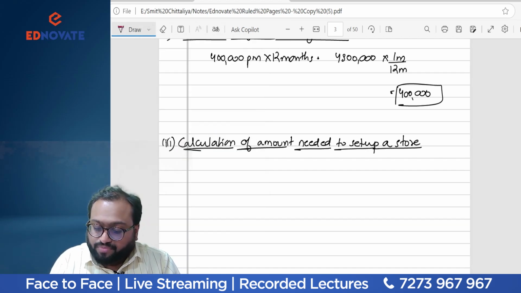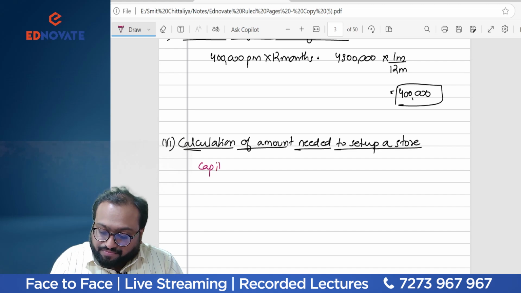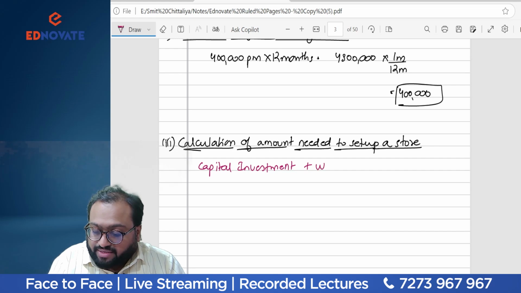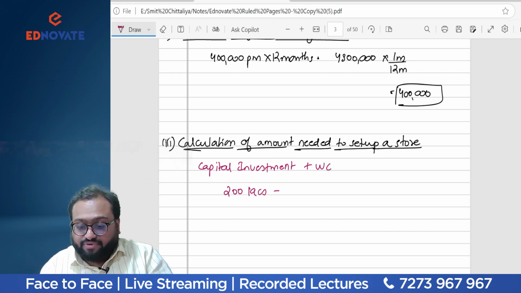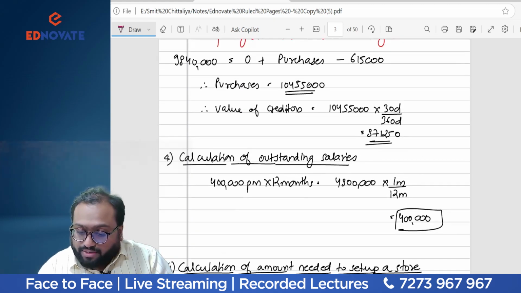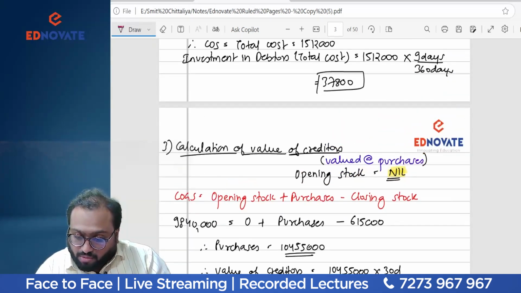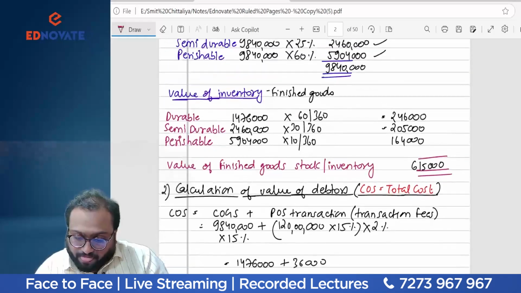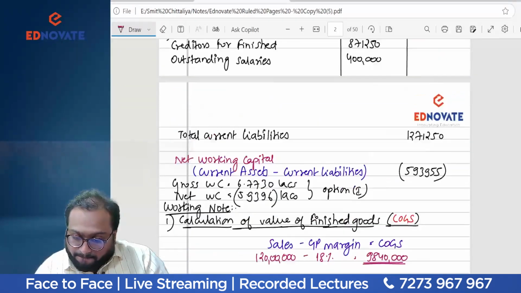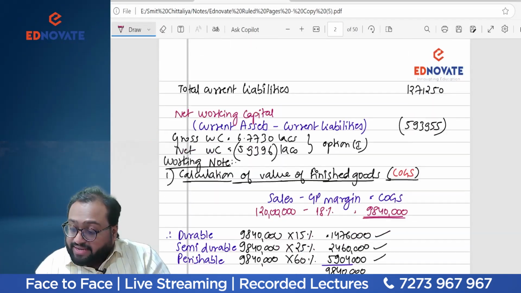I'll write down capital investment plus the working capital. Capital investment is 200 lakhs and working capital will be minus because it is negative. How much did we calculate just now? 5.9396.